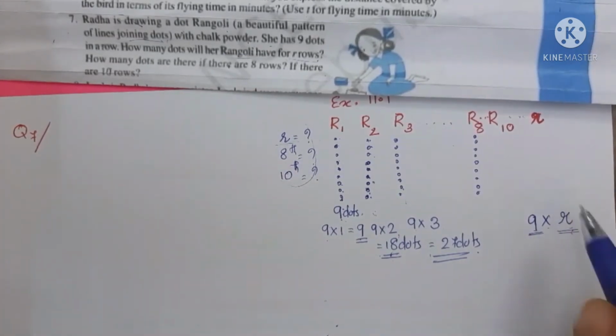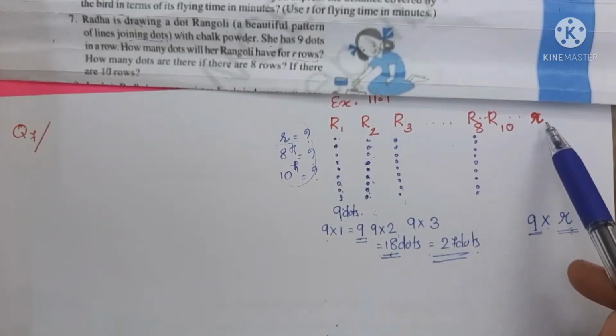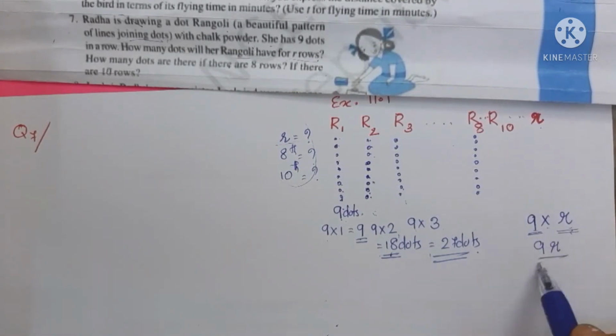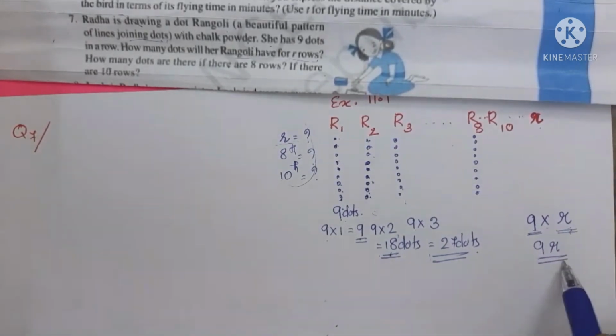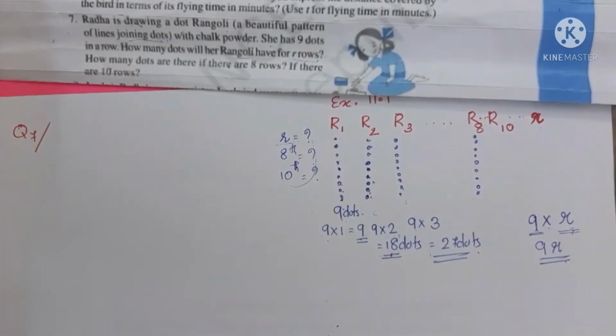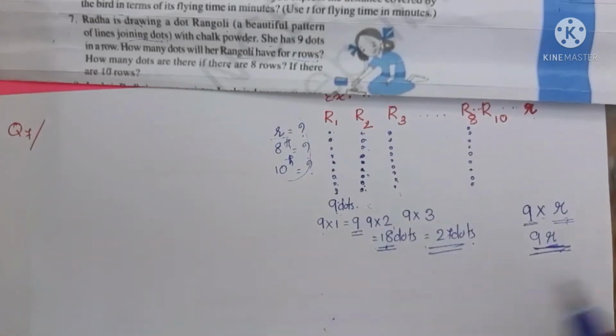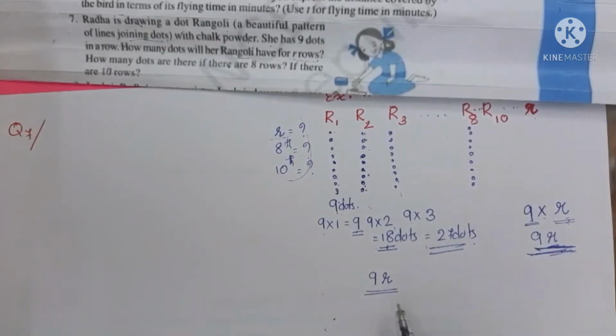So we can find the dots made in R rows, that is equal to 9R. This equation we can use to count the dots in any number of rows. This is the rule. R is the variable. It can change with the number of rows. So, 9R we can use for counting dots in any number of rows.